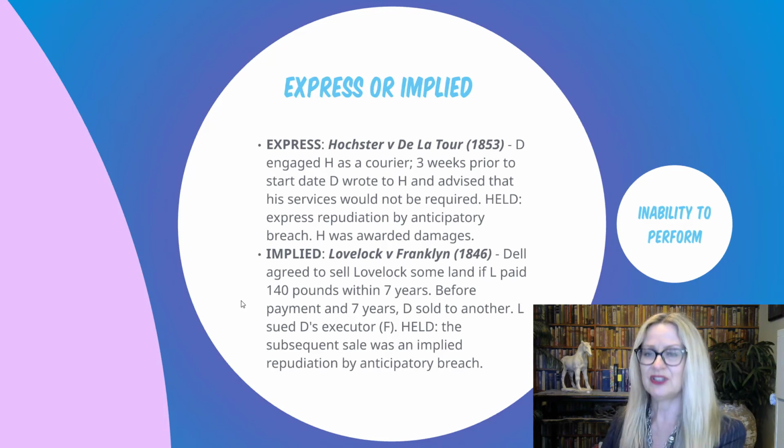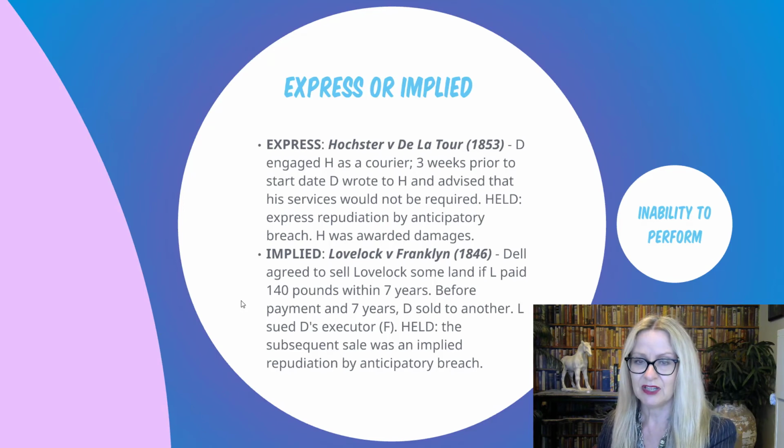Implied, a very clear situation here, Lovelock and Franklin. Dell agreed to sell some land to Lovelock if Lovelock paid £140 within 7 years. Before that time had elapsed and before payment, Dell got rather impatient and sold the land to somebody else. Lovelock sued Dell's executor, who was Franklin.